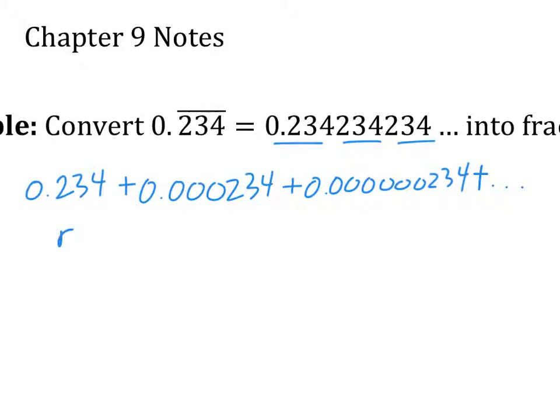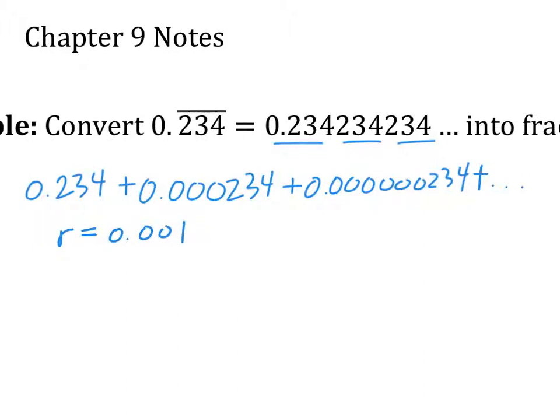Geometric. Very good. Is it finite or infinite? Infinite, right? Because it has a dot, dot, dot. We're going to keep adding this 2, 3, 4 at the end. What is R? 1 over 1,000, so 0.001.